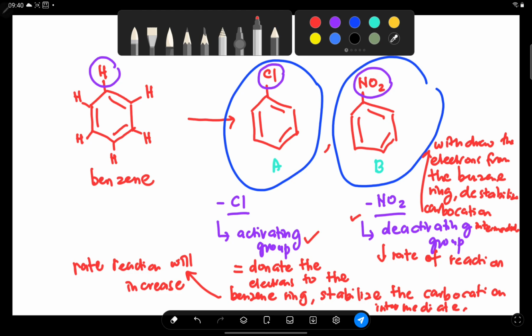And here, number 1 is the effect to the reactivity, meaning the effect of substituent to the reactivity of the benzene ring.